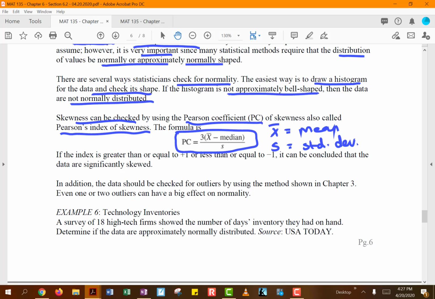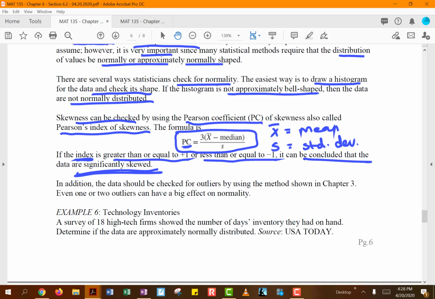So they are saying if you do this calculation, your PC, that's the index, if that Pearson's coefficient index is greater than or equal to 1 or less than or equal to -1, then we can basically say that your data is significantly skewed, which means you are either left skewed or right skewed. And if your data is skewed, that means it's not normally distributed.